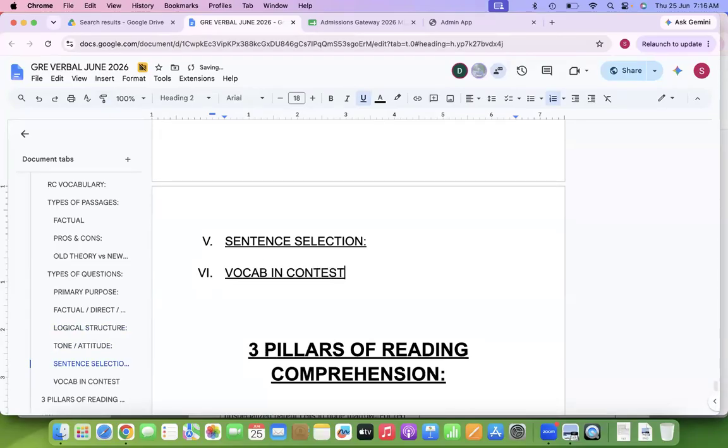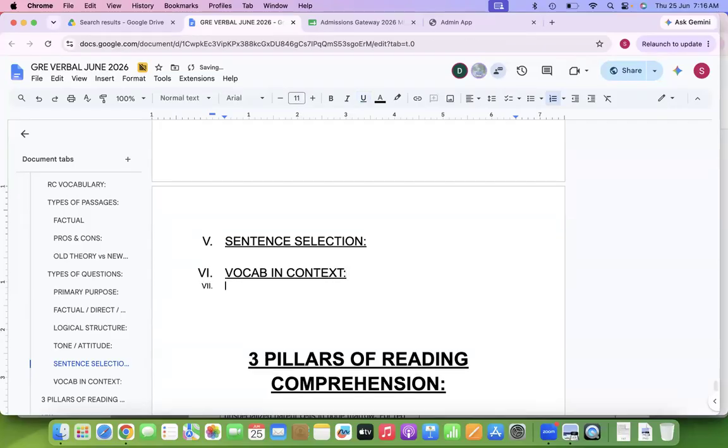What does this particular word mean in this context? And the GRE vocab that you're learning separately for vocab questions, that may not necessarily help in this case.